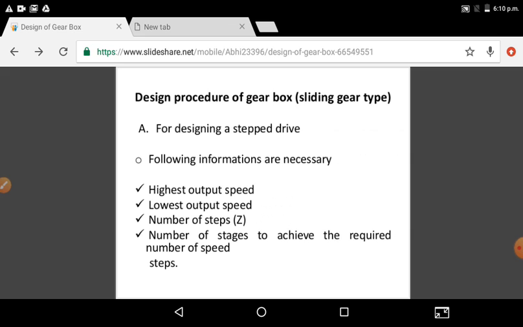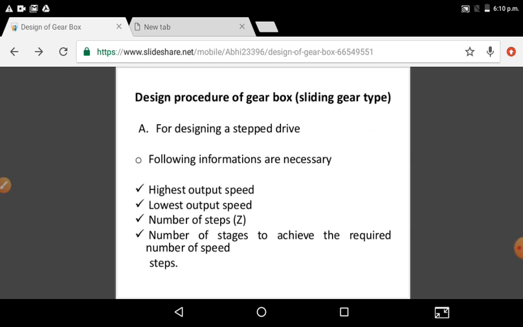First is the highest output speed, means the maximum spindle speed, n max. We require the lowest output speed, means n minimum. We have the number of steps, for which we have to design the gearbox.